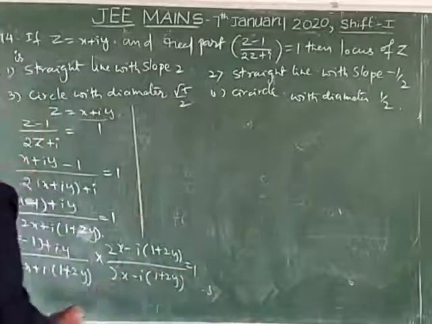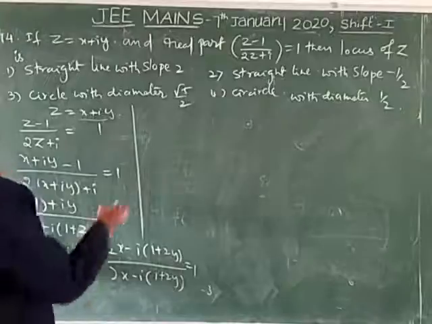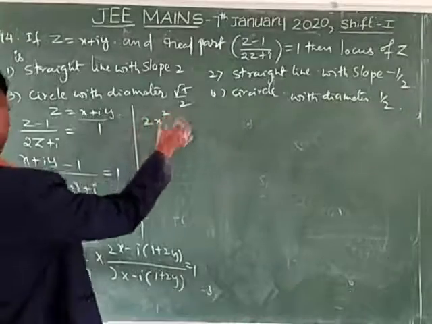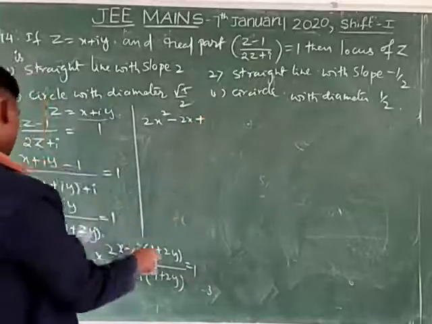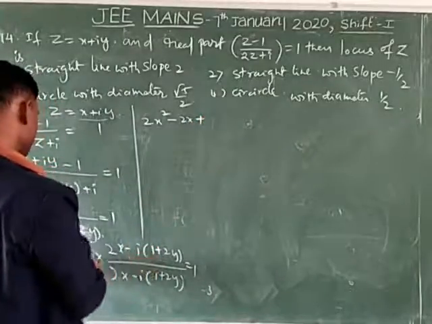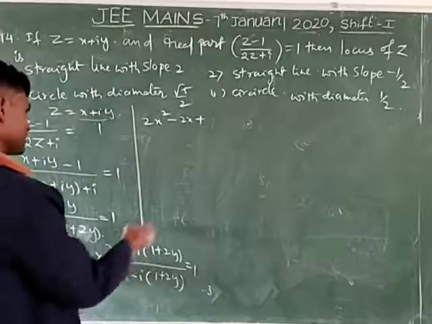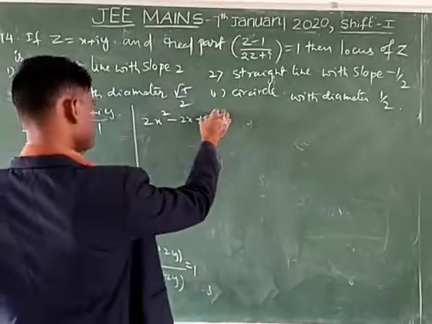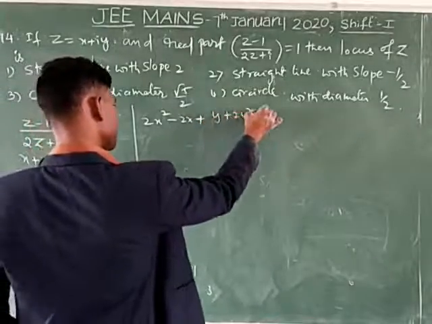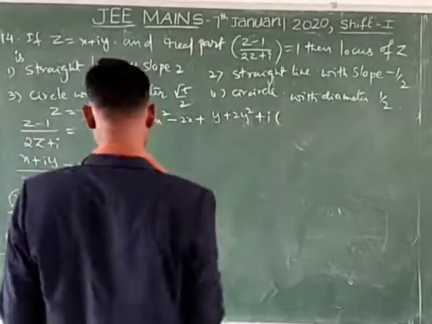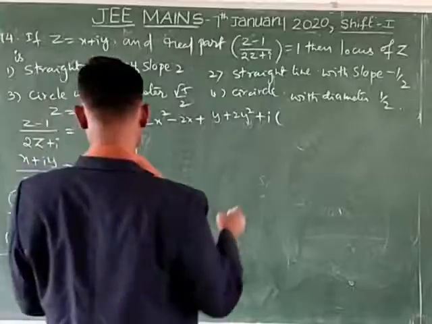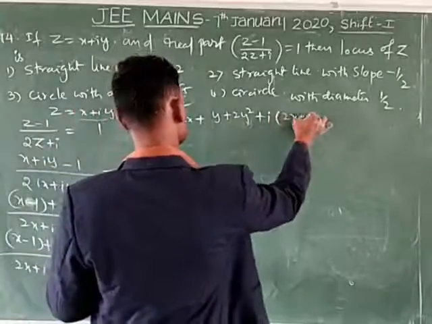Now multiply: 2x into x is 2x square, minus 2x, and i into minus i gives minus 1 times minus, plus y into y, plus 2y square, plus i into 2xy.